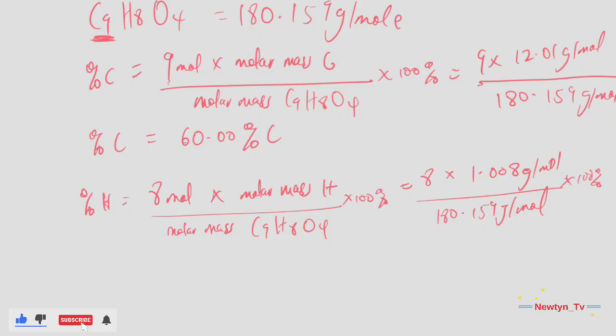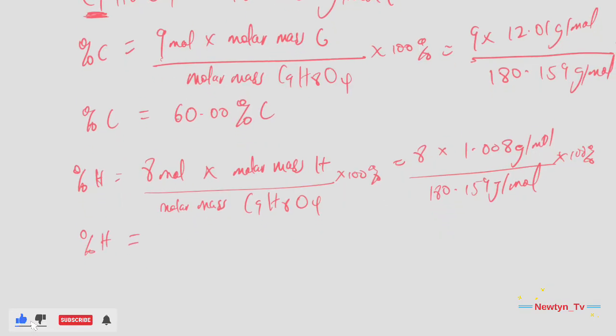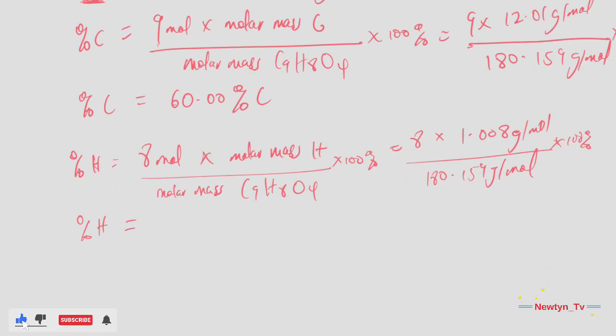So the percent composition for H will be 4.476% hydrogen.